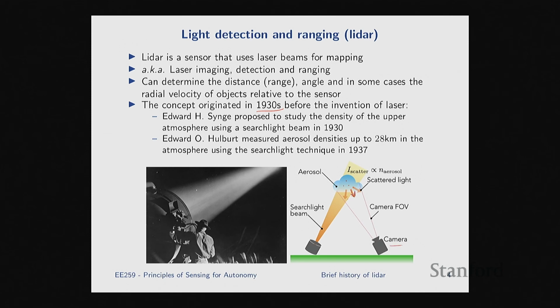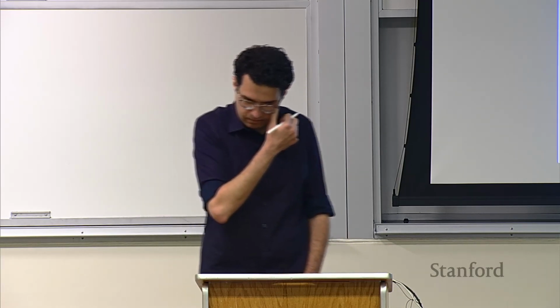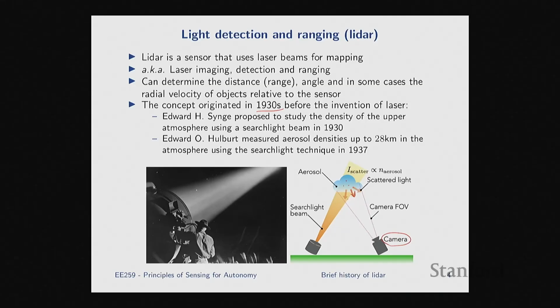By just pointing a camera at the scattered light, for instance, you can determine the density of the atmospheric particles from the intensity of the scattered light. So that was a very high level concept of the searchlight that was proposed in the 30s.